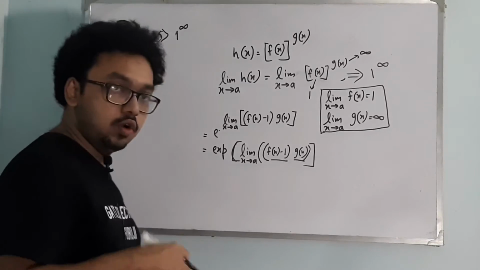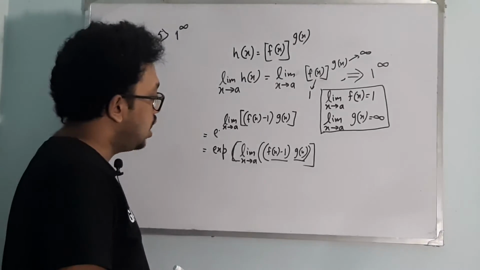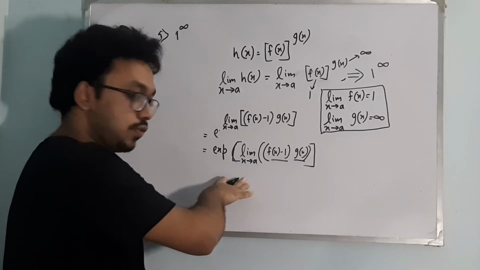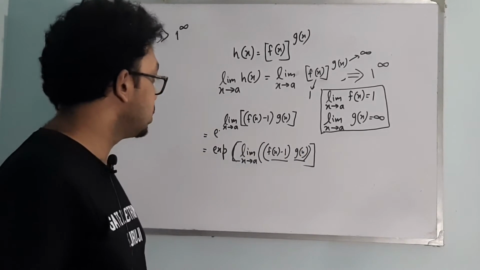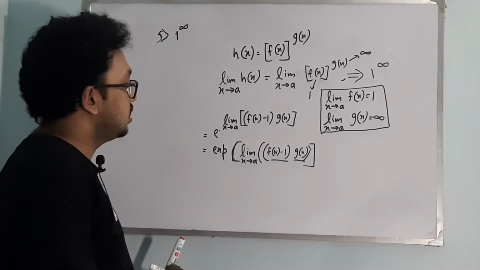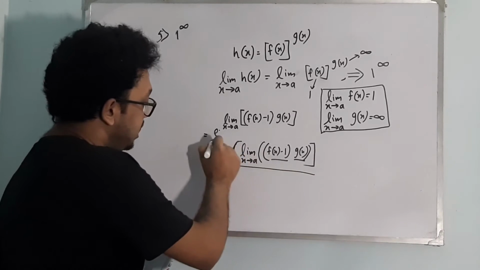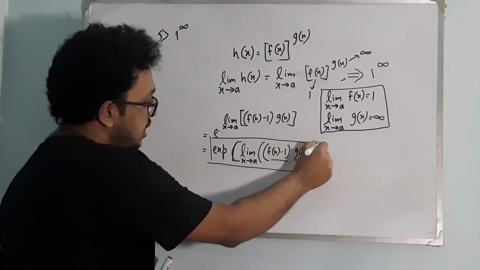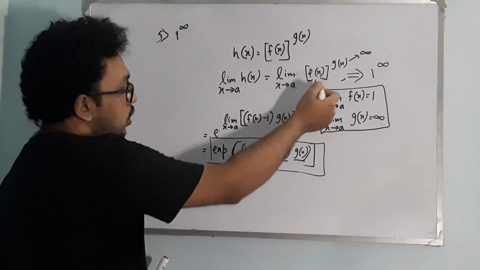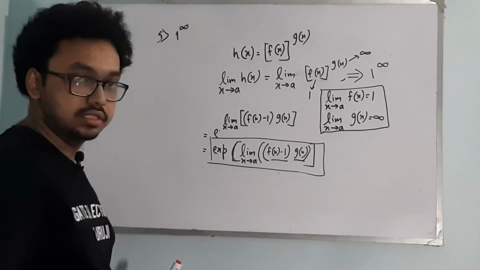And you already know how to solve 0 into infinite kind of limits. So I hope that you can solve this from here, and obviously I will take a problem to explain what I said. See, the idea is that you simply have to keep this in mind, that is, exponential of limit x tending to a of (f(x) minus 1) into g(x). Whenever you have a 1 to the power infinite form, then you can directly write this, okay?